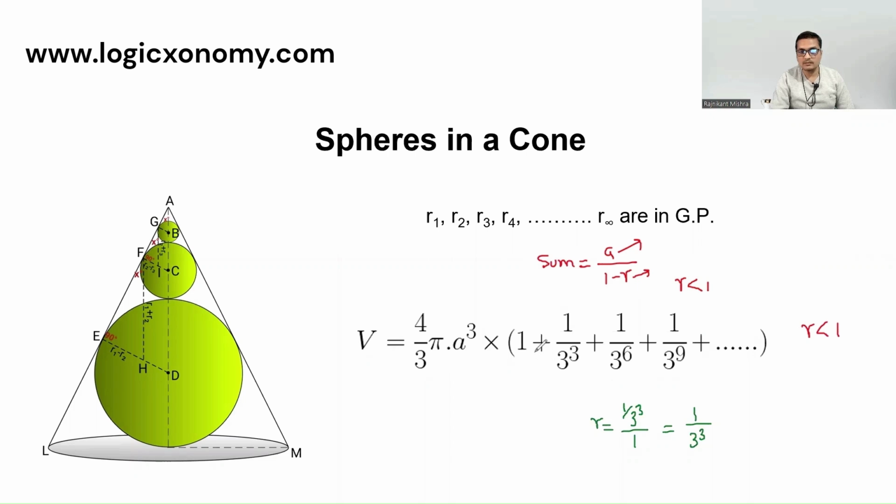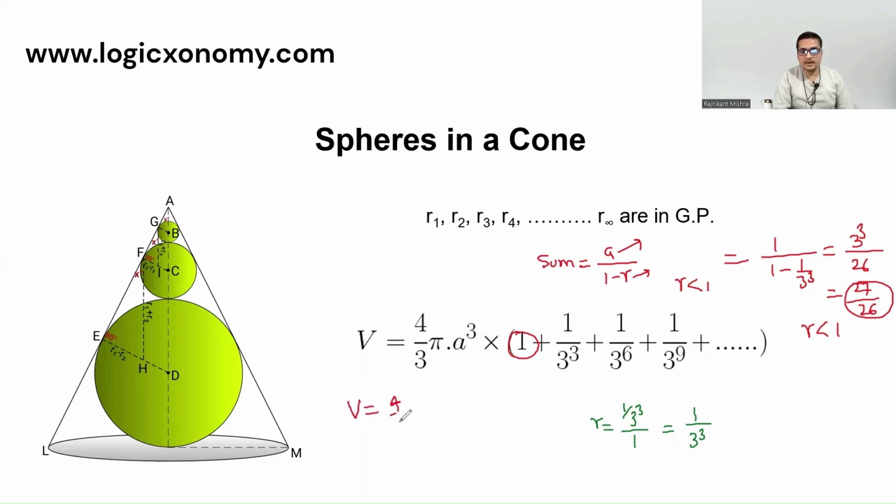Now use this formula. Here the first term is 1 upon 1 minus R, which is equal to 1 by 3 cube, 3 cube minus 1 is equal to 26, in numerator 3 cube, which is equal to 27 by 26. Put this value here.